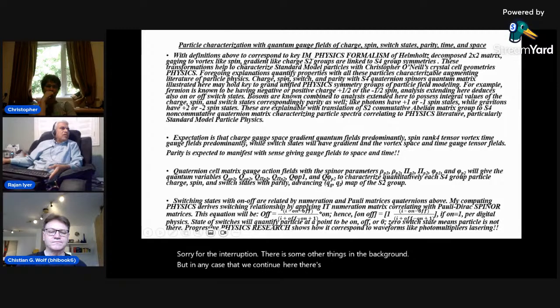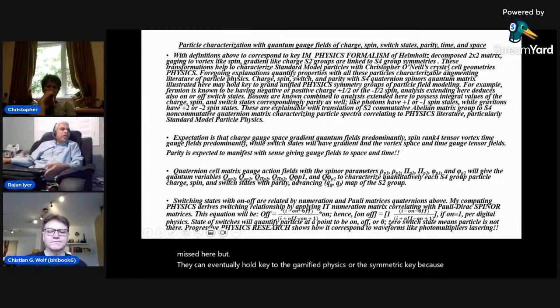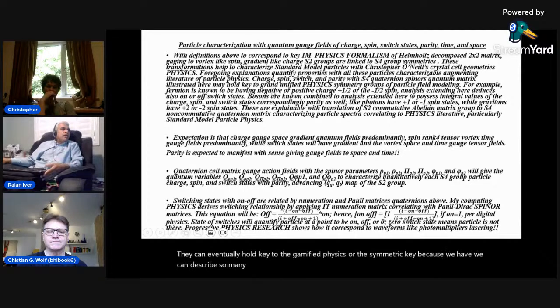Whatever we missed here, they can eventually hold the key to the granulified physics of the symmetry cube, because we can do property characterization here. For example, we can say fermions have a positive charge and plus or minus half spin.